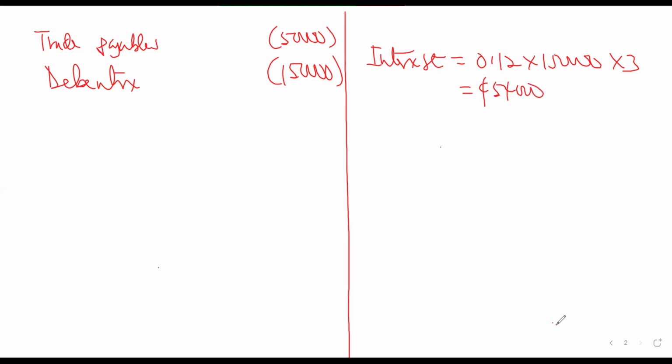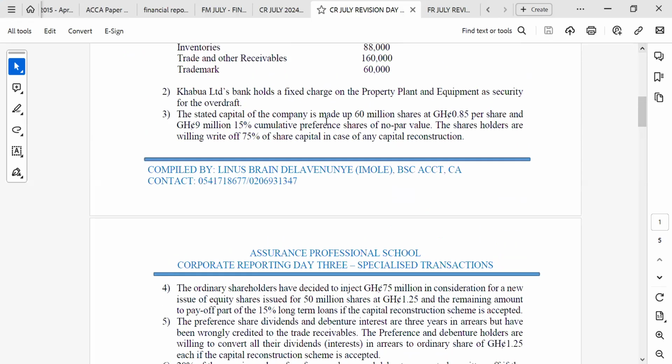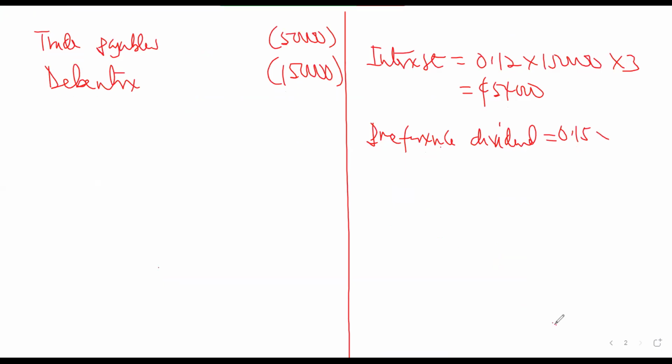So our preference dividend will also be calculated. They say it is 9 million, 15%, and the principal is 9 million. So that will be 0.15 multiplied by 9,000 multiplied by 3.